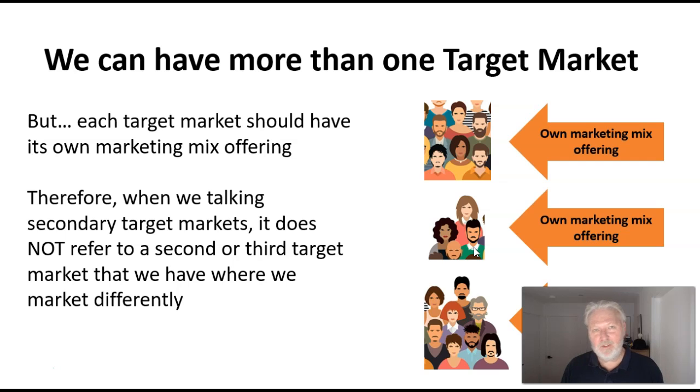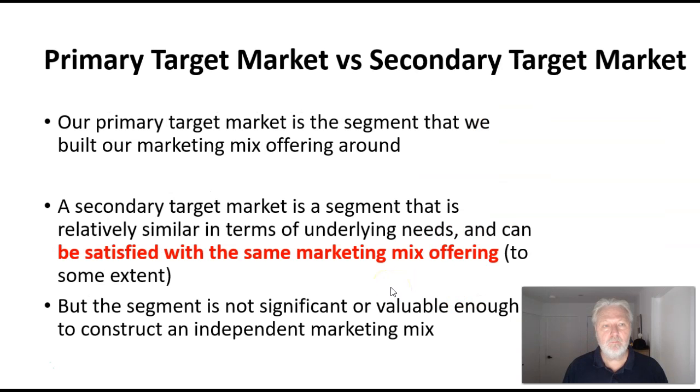You could call it our second target market, but it doesn't matter how many we have. Again, we need to have our own marketing mix for that. So the products will change, the pricing, where we retail it, our promotion and how we communicate to those people, etc. will be different. And of course, we continue the process depending on how many targets we have.